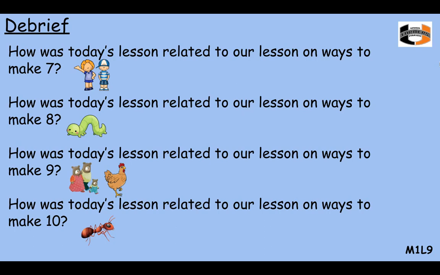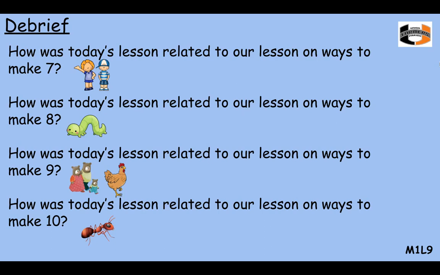So 5 plus 2 equals 7. How was today's lesson related to our lesson on ways to make 8? Do you remember the inchworms? We had 4 at first, and then 4 more showed up. So that was one way to make 8. 4 plus 4 equals 8.